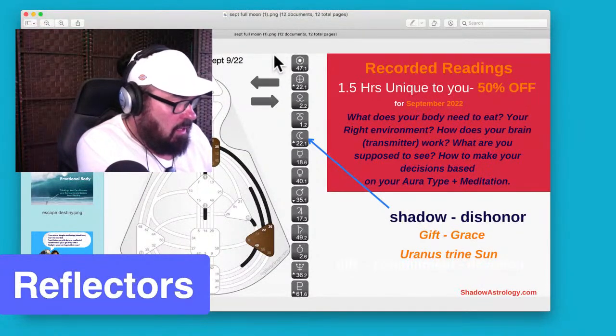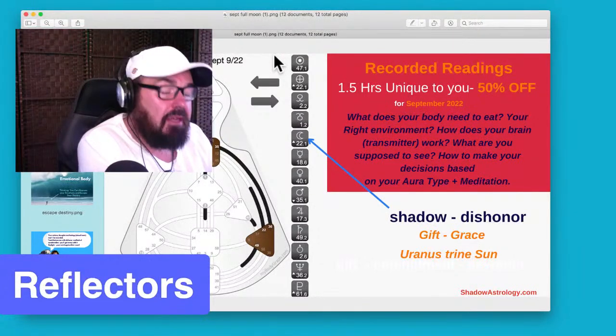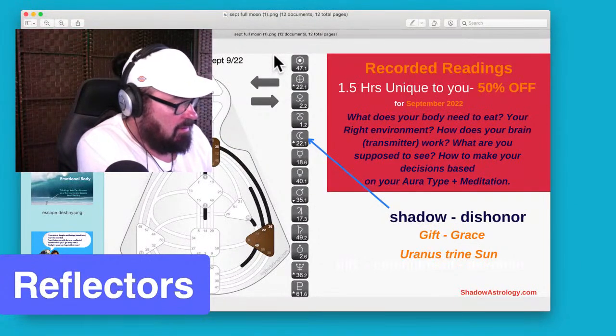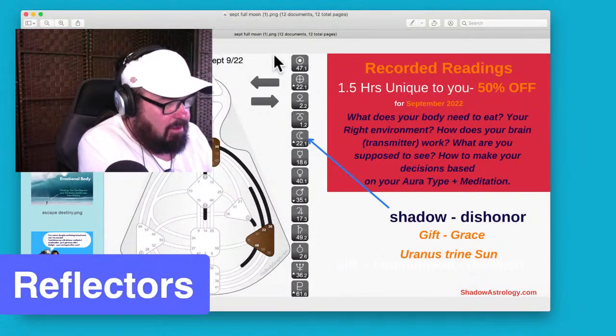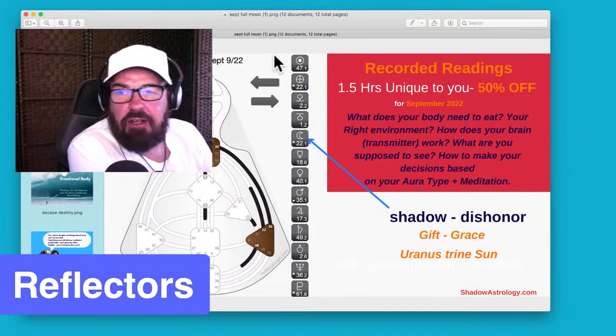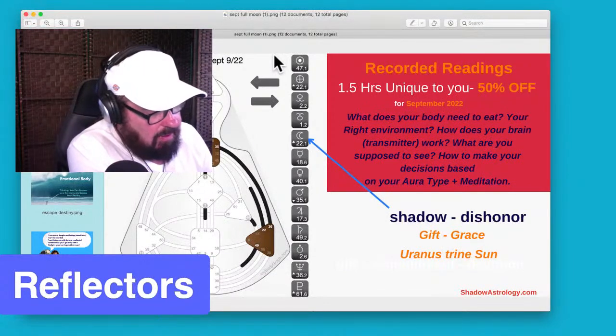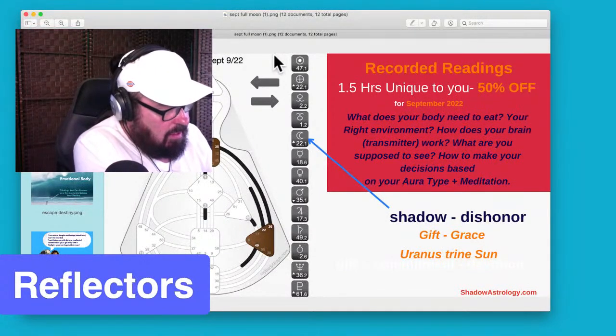Okay, what do the reflectors need to hear? What do the reflectors need to hear? For this full moon. Oh. We got a big letting go theme, which makes sense. So you got the Six of Swords. I just want to get another one because I got two for each type here.